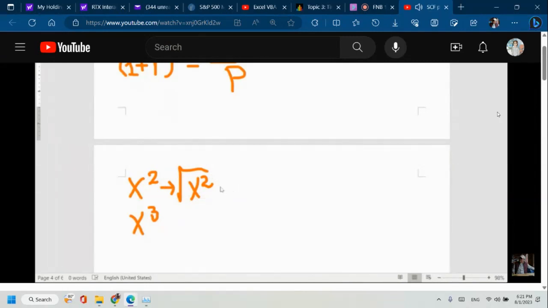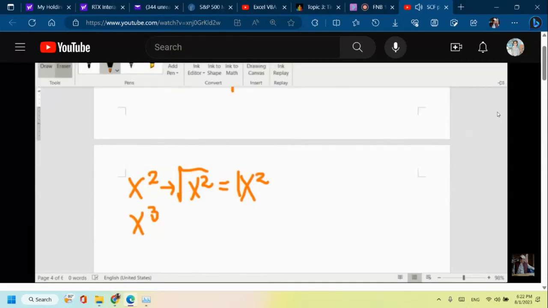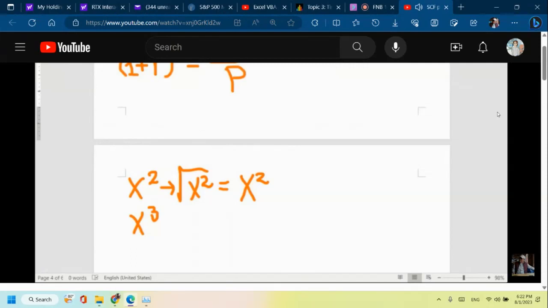Now, another way to write the square root of x squared is x squared raised to the half power.